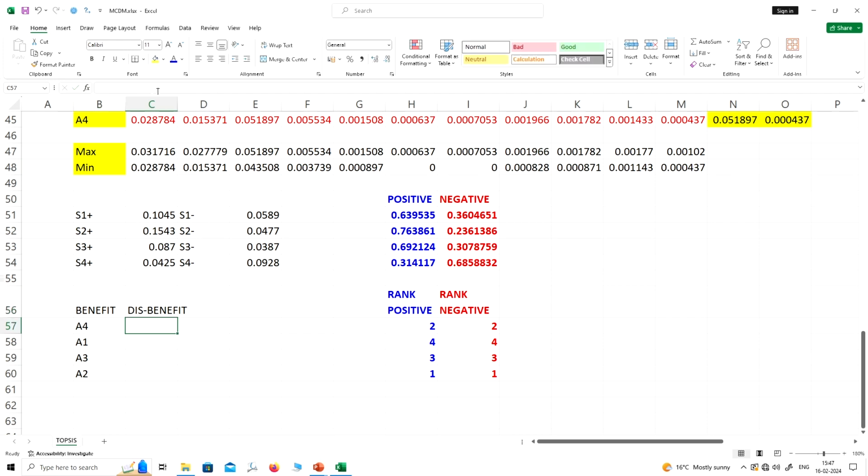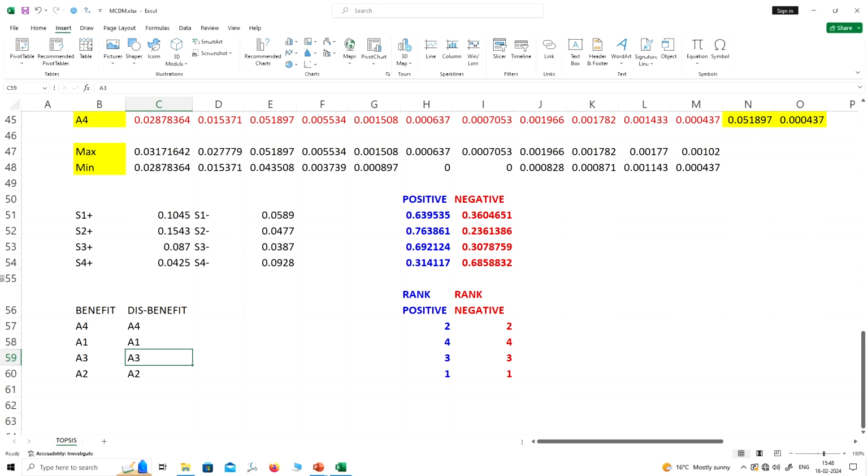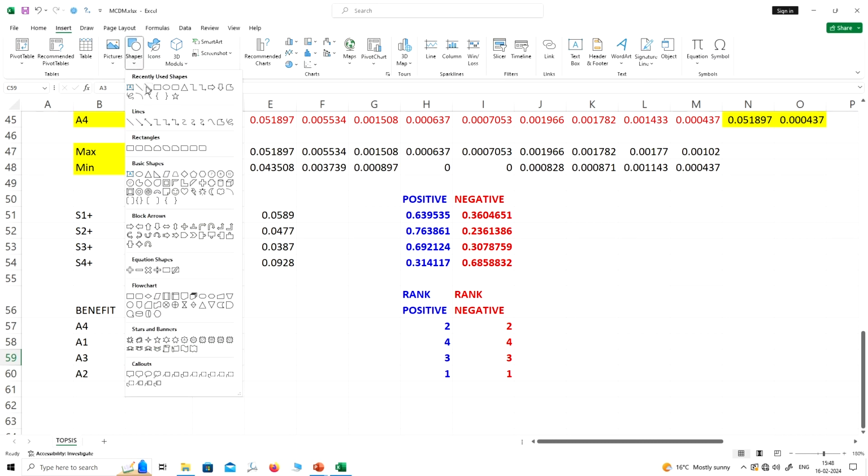So, if I find out the disbenefit, again the red one, but on the other direction. So, obviously A4, then A1, then we come to A3 and come to A2. So, positive side, the ranking I will just mark, I will take a few moments here.